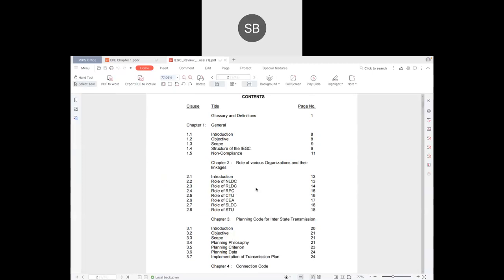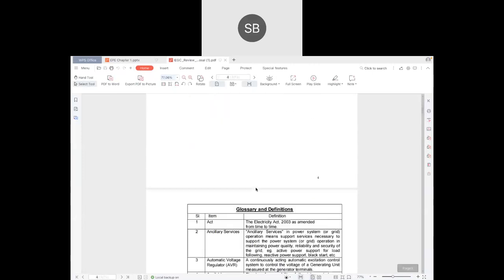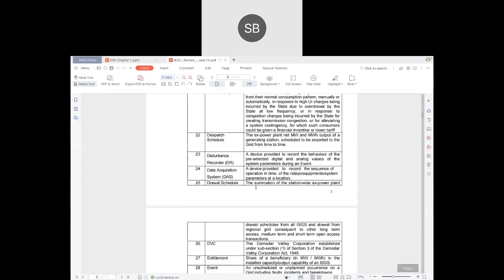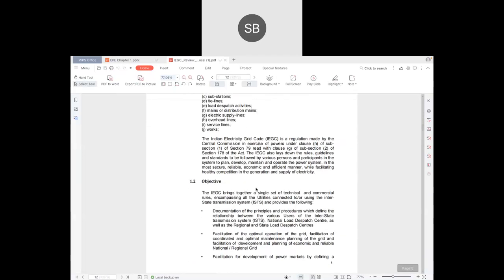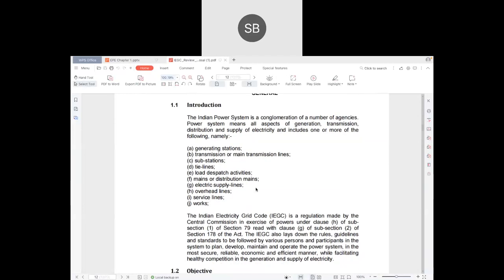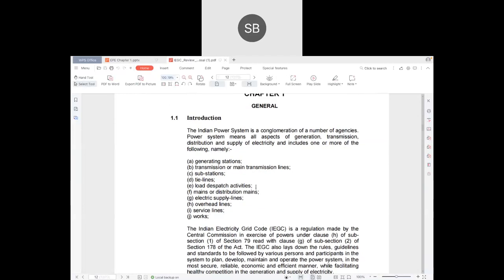This is the draft of the Indian electricity grid code, which is to be effective from the 1st April 2010. You can see the different introduction, objective, and scope of this grid code. These are the terms which are used in this report. You can see the introduction part of this PDF.